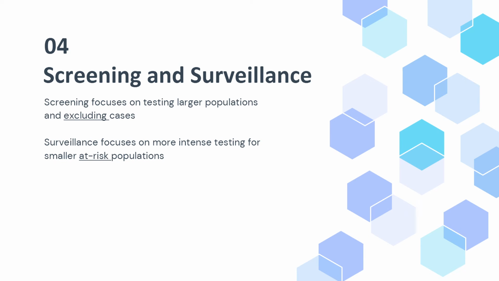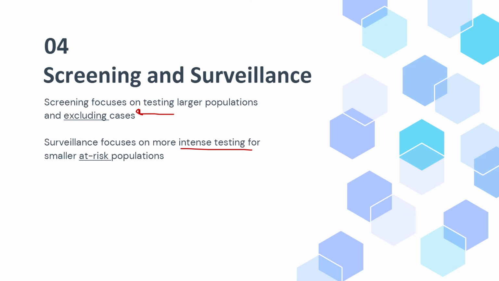Last, for this topic, you have your screening and surveillance. So, screening and surveillance sometimes can be used interchangeably, but that is incorrect. So, when we say screening, you focus on testing larger populations and excluding cases, whereas in surveillance, you focus more on intense testing for smaller at-risk populations.